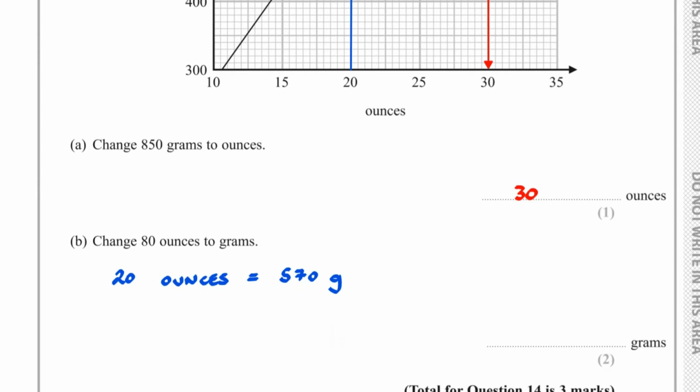And with this, we can actually find out what 80 ounces is. And we can do this by multiplying by 4. If I do 570 multiplied by 4, we get 2,280 grams.